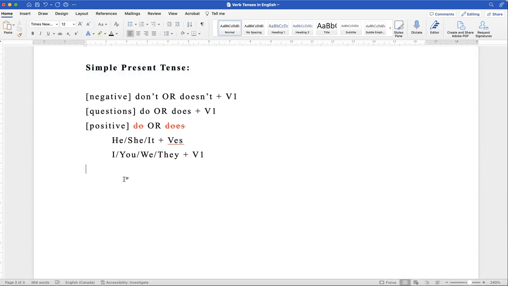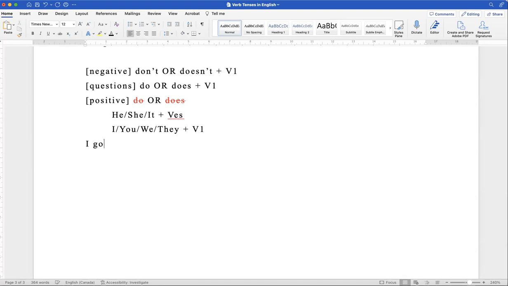So let's check some examples. I go to my office every day. In this case, the subject is I. That's why I use verb one. It is a positive sentence. Okay. If I change the subject, like my sister, then I should add an s at the end.